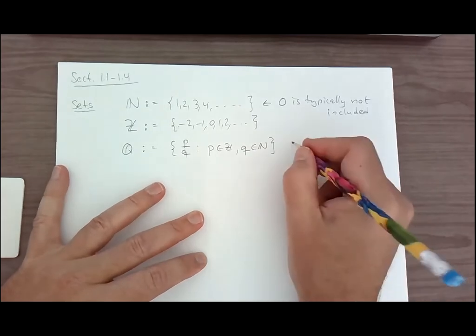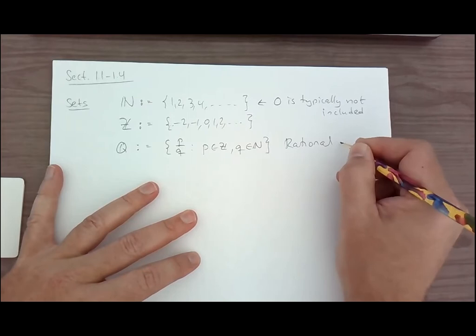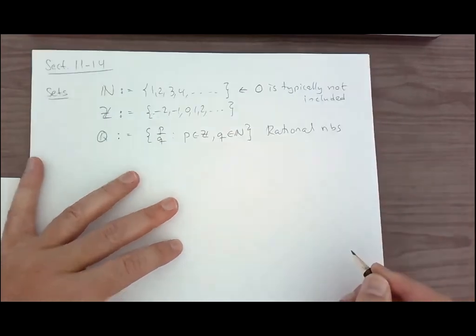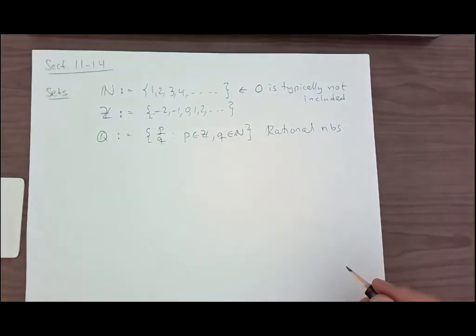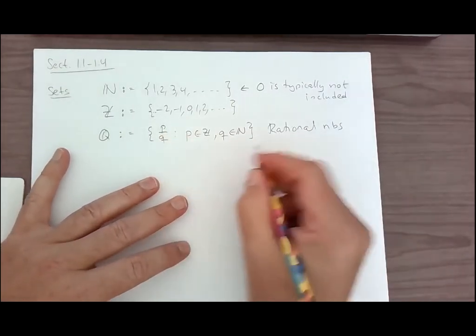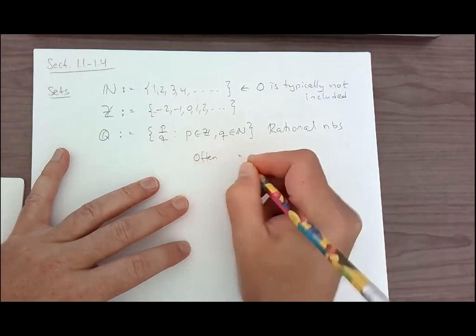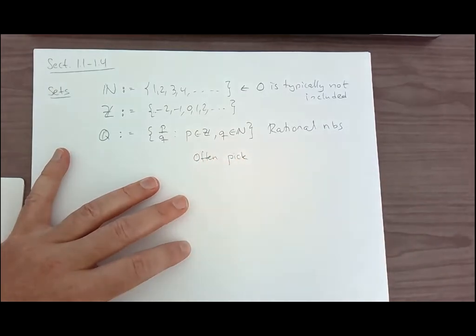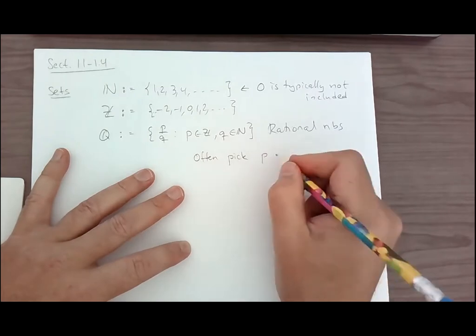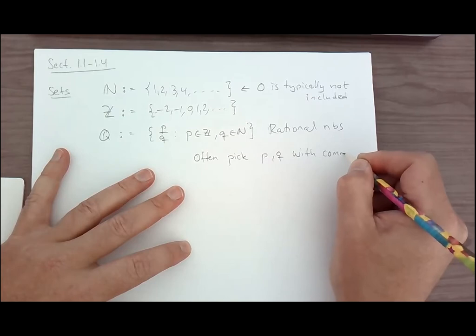These are the rational numbers. And it is customary to very often choose the smallest representation here, so we will often pick P and Q with no common factors.